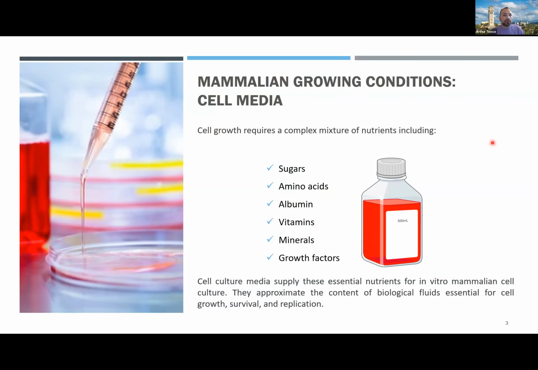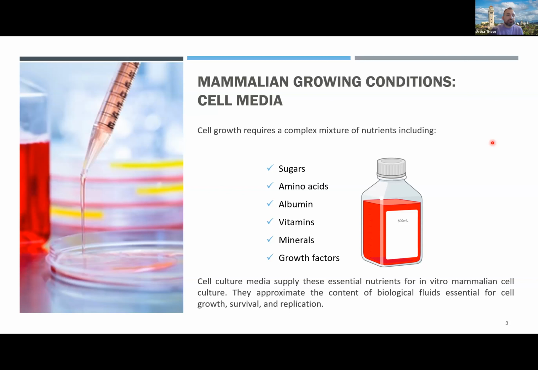One of the really important features is the media in which these cells are cultivated. Here I'm providing you this representation, an overview of the constituents of media. The media will typically consist of sugars, amino acids, albumin, which is actually the most abundant protein in our blood, vitamins, minerals, growth factors.